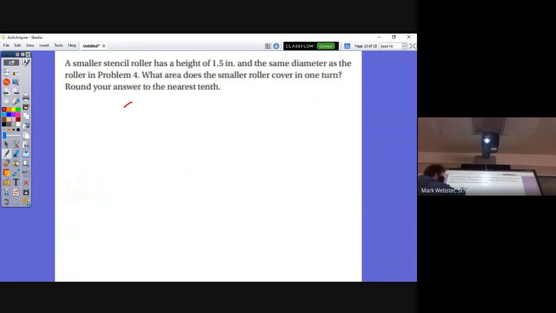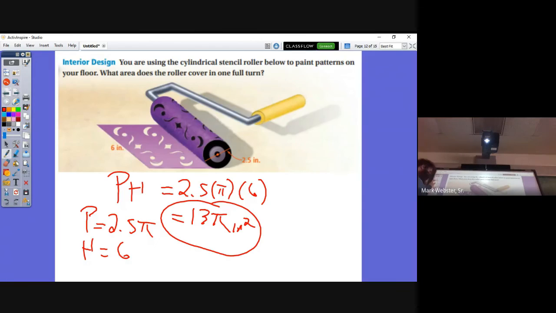It is 2.5 pi for our perimeter times 1.5. And then they want to round it to the nearest tenth. You already calculated it out? What did you get? And then the one before was 15. Thank you. Yeah, 15.